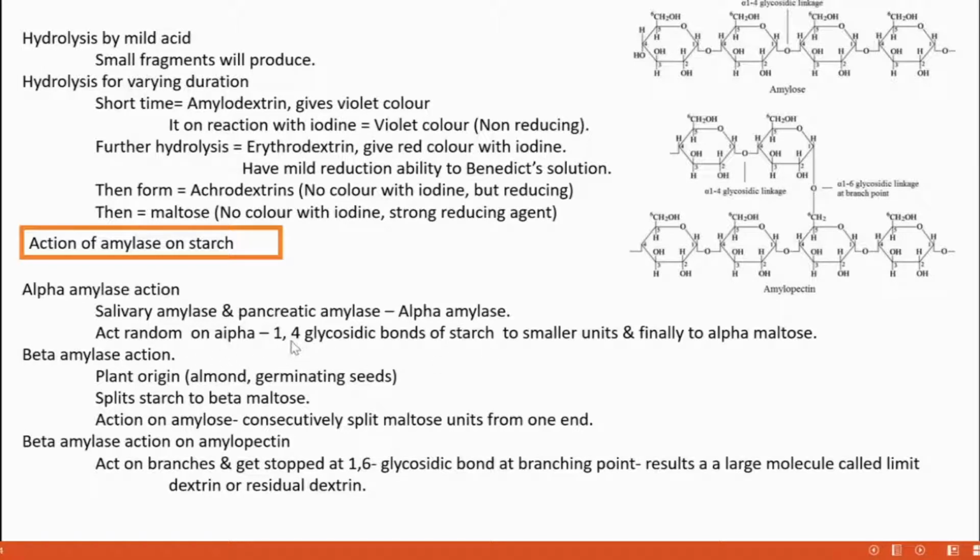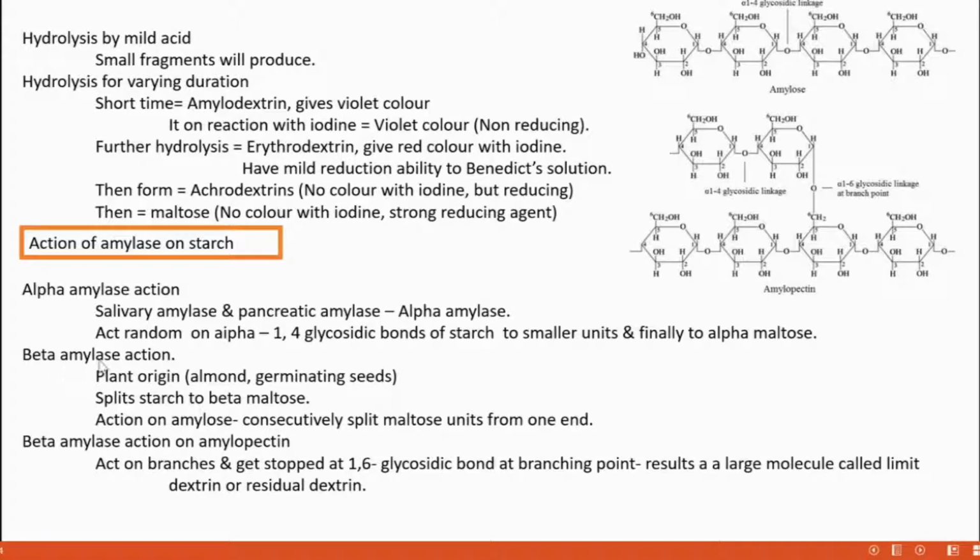Randomly, it acts on the 1,4 glycosidic bonds and breaks the starch into smaller units repeatedly, and finally it becomes a mixture of alpha maltose. Alpha maltose means small fragments composed of two glucose units will be formed finally.